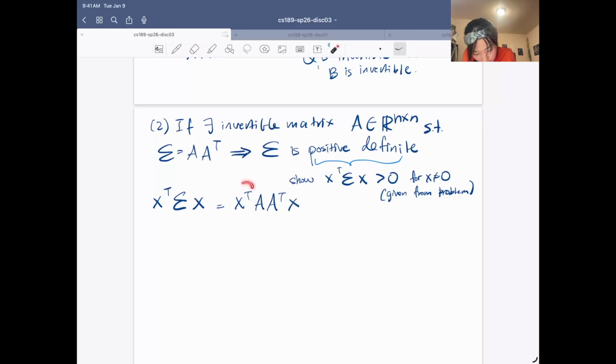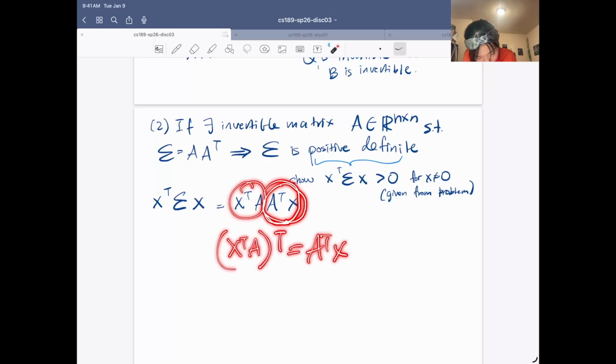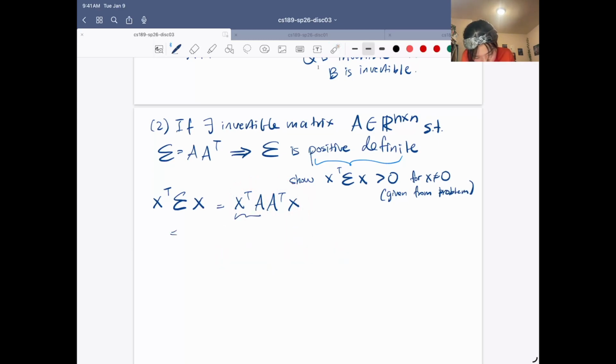And again, notice how these are basically almost the same, except they're transposes of each other. X transpose A, if you take the transpose of this, is equivalent to A transpose x. And so we are going to replace this with A transpose x transpose, and then the latter stays the same.